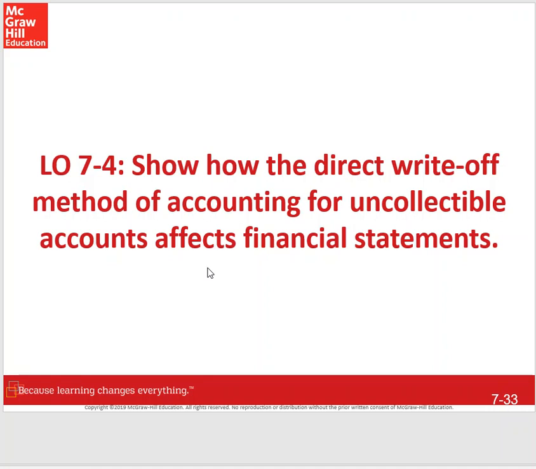So we can use the direct write-off method in some circumstances with small businesses that don't have to strictly adhere to GAAP, or even businesses that do have to adhere to GAAP and can justify it because the amount is immaterial. The amount is small and irrelevant to the big picture of their financial statements.